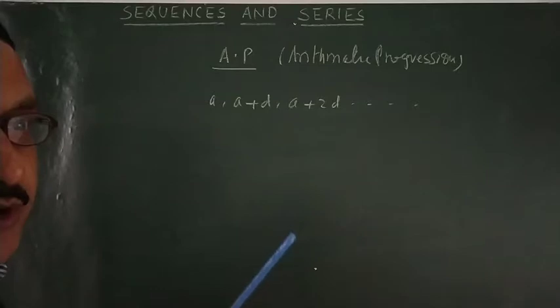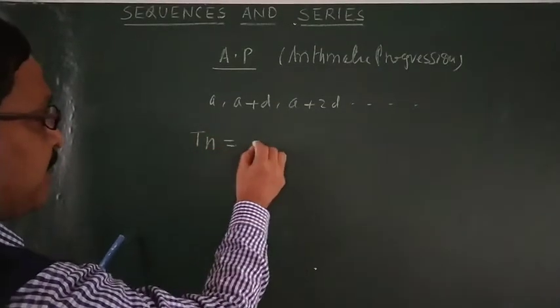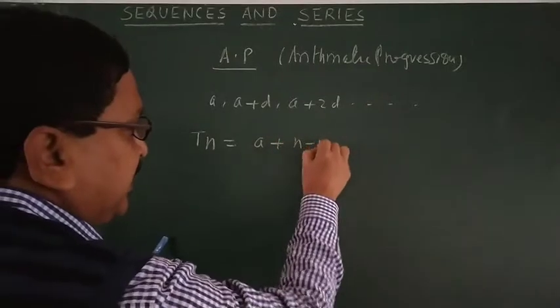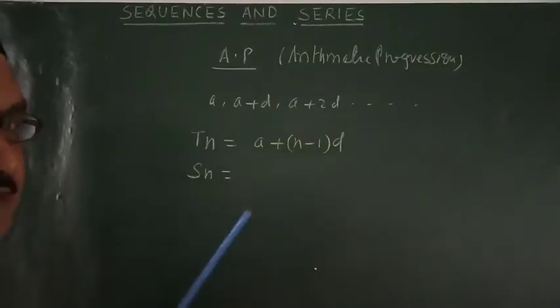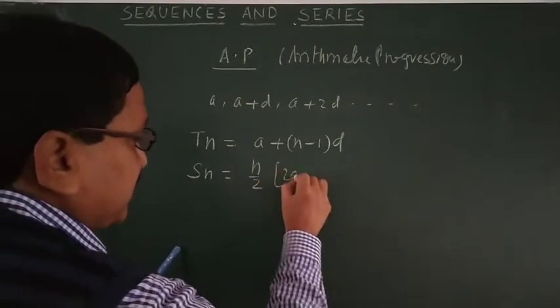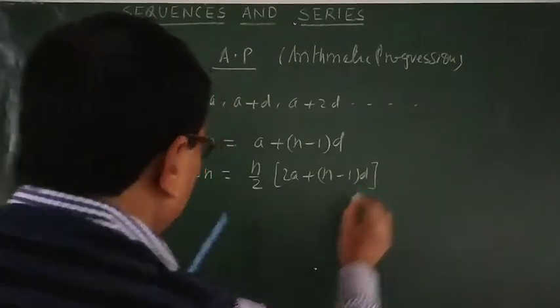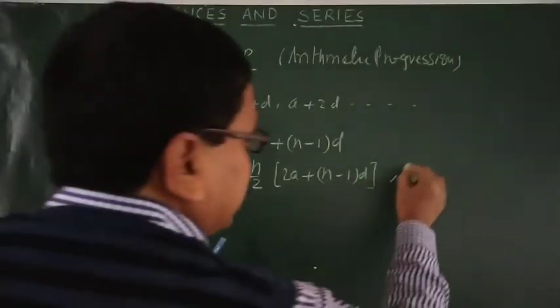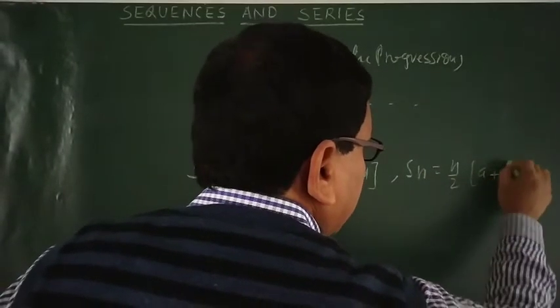I am going to recall the previous memory that Tn, the nth term, is a plus (n minus 1)d. After that, Sn, the sum of n terms, is equal to n by 2 times (2a plus (n minus 1)d). There is one more formula to get Sn: Sn is equal to n by 2 times (a plus l).